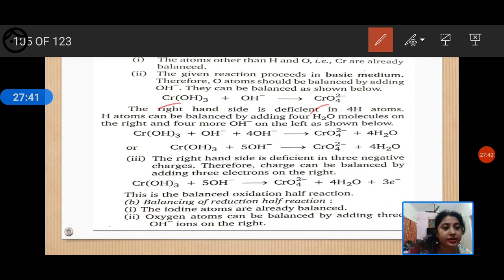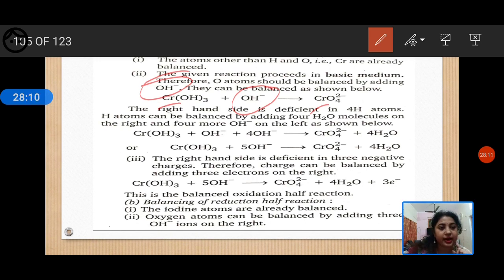Therefore, the oxygen atom should be balanced by adding OH minus. Remember, for acidic medium, when balancing oxygen, we add water, and when the reaction proceeds in basic medium, we add the hydroxide ion. So to balance this oxygen, here 4 oxygen, here 3 oxygen, 1 is extra, so we will add OH minus.